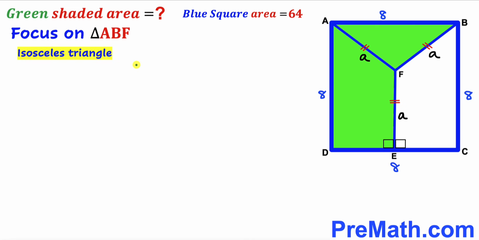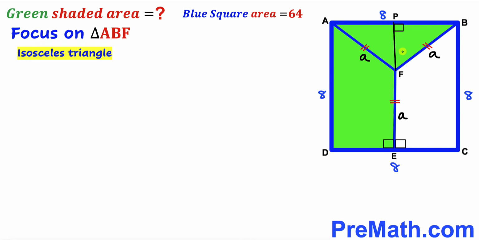We could see that this is our isosceles triangle, since this side length is equal to this side length. In this next step, I have dropped this perpendicular FP on this base AB by just extending this EF all the way to this point P.